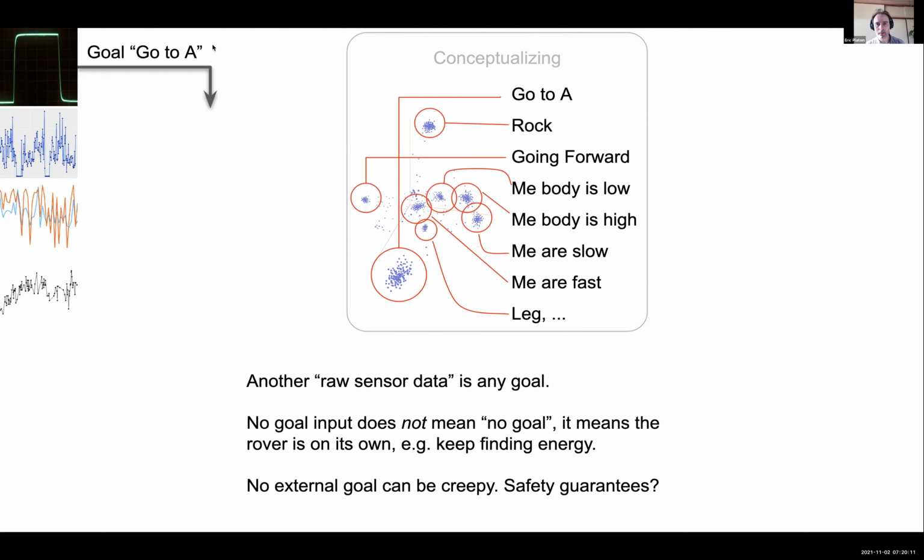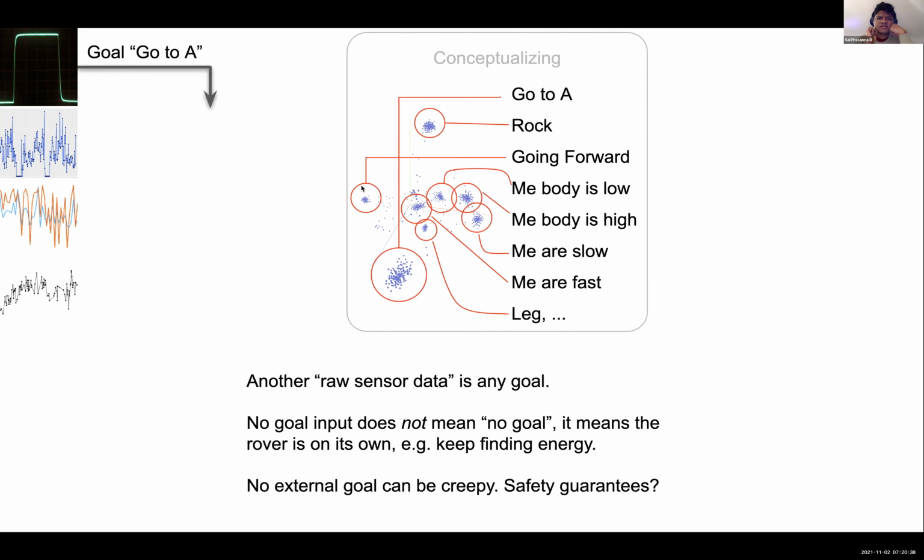For example, go to A. But go to A is also a signal that is digitized by the robot, so it's like another sensor input. Here I represent it in the cloud as well. There is uniformity here. One of these clusters means go to A. The other one means, oh, this is a rock. The other one means, oh, I'm going forward, and so on.